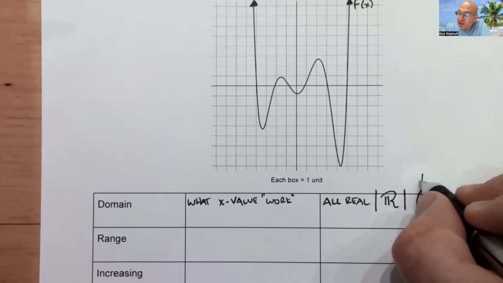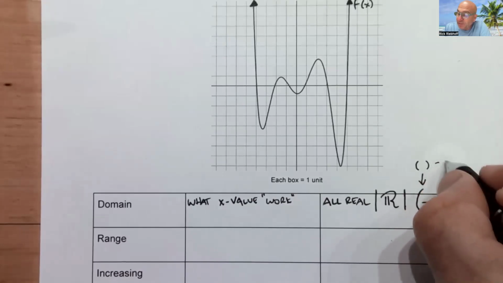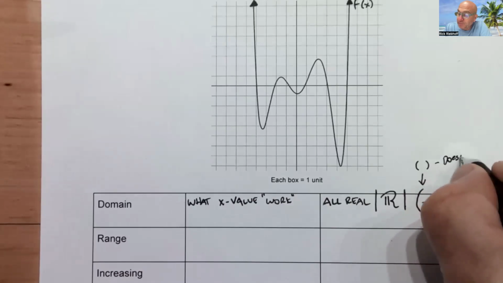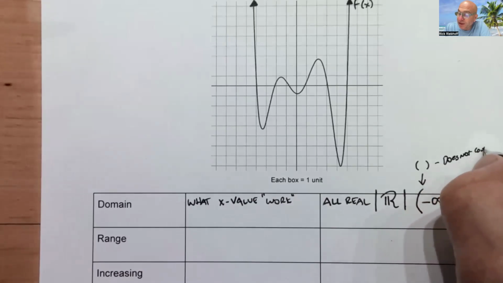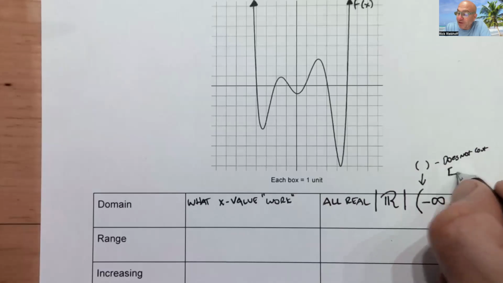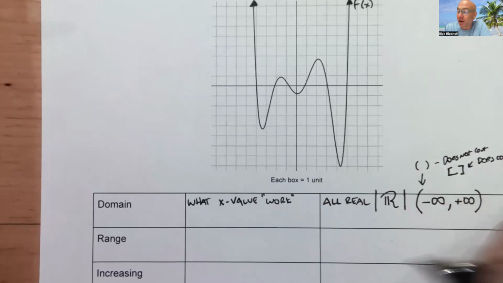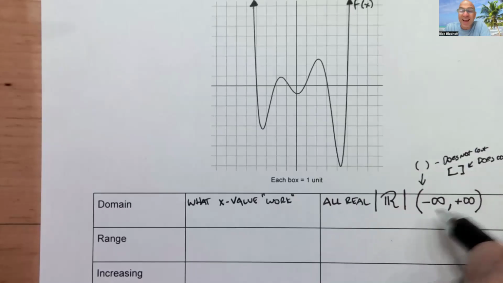So parentheses mean that it does not get there, does not count. Okay. You will see later on when we have brackets, brackets means it does count. Okay. That the endpoint is part of the range. We can't get to negative infinity. We can't get to positive infinity. So we put these little soft endpoints.